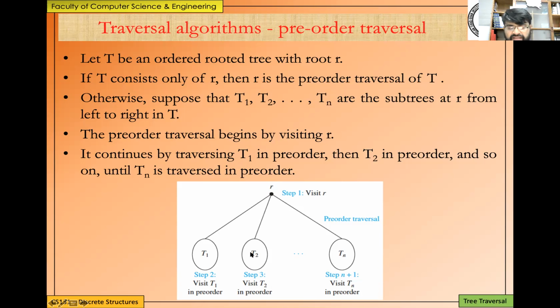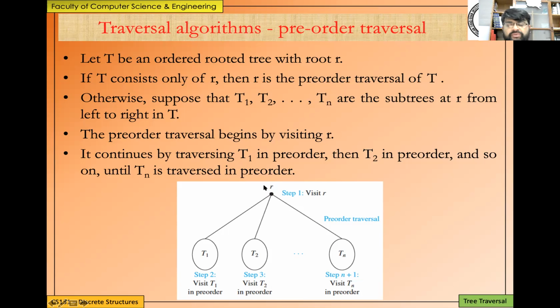Now this has become the root, and if there is any child, it will move on. If it's just a leaf, it just returns it. But remember, the first node visited was the root itself. In pre-order, you first visit the root, then the left subchild, and then the right subchild. So this is the pre-order traversal.